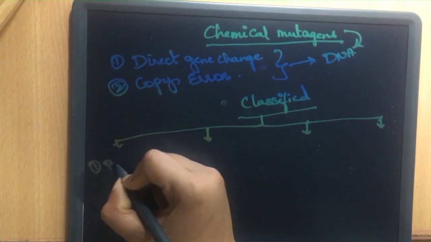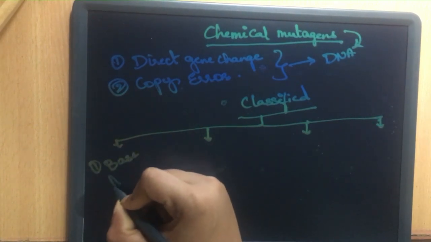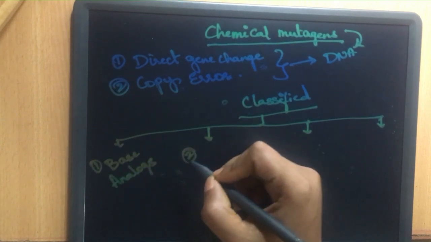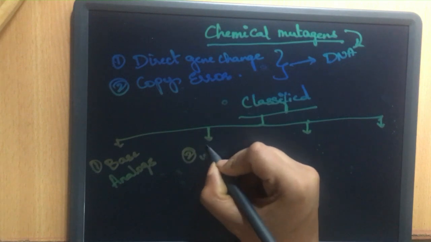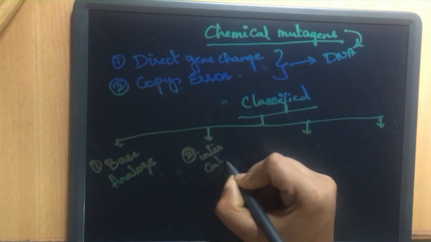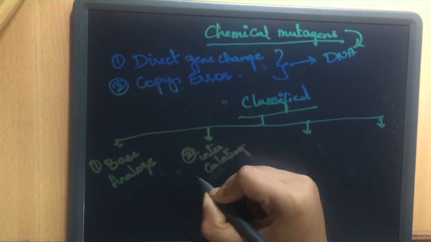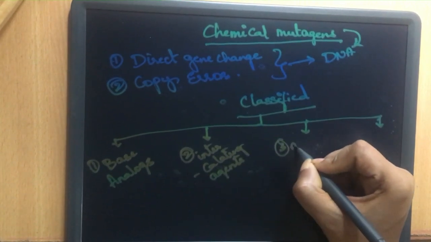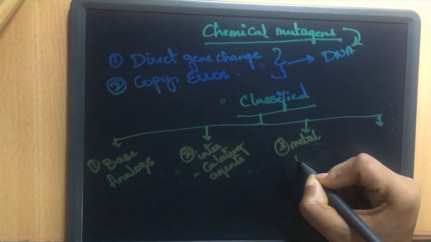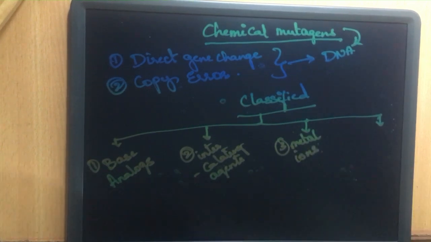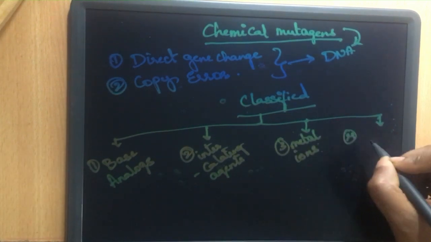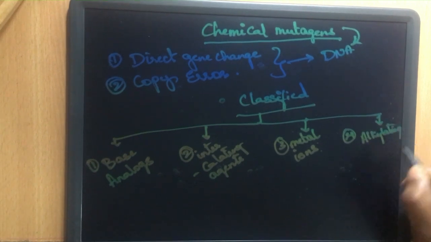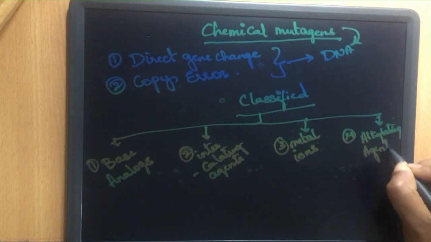First is base analogues, second type is intercalating agents, third is metal ions, and the fourth one is alkylating agents.